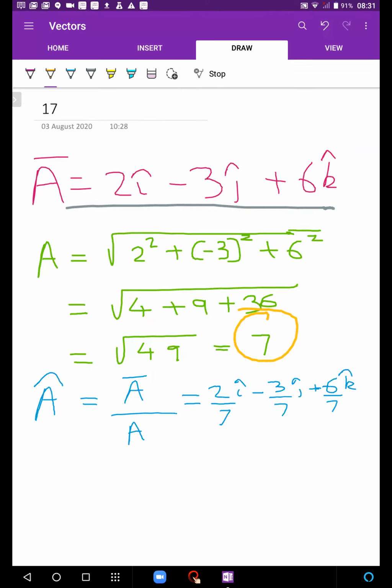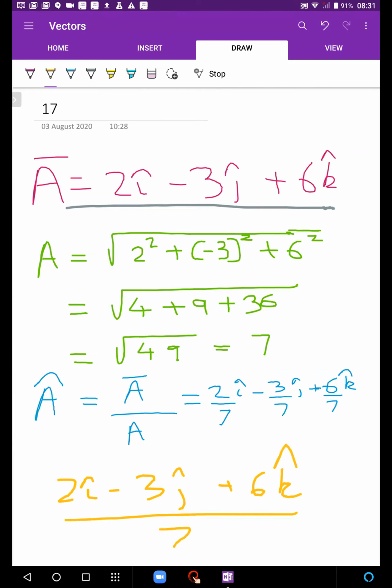As for the unit vector, A cap is A bar by A. You could have written it simply as 2 I cap minus 3 J cap plus 6 K cap divided by 7. Or you could have written it like this. Such a doubt shouldn't come now. You know the denominator is common, so you can club the denominator.